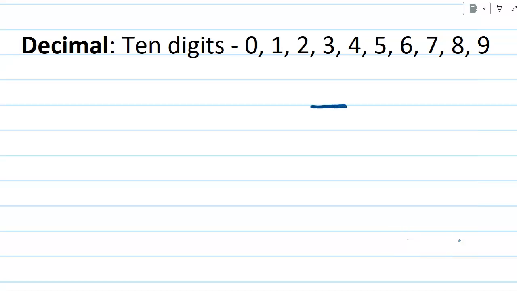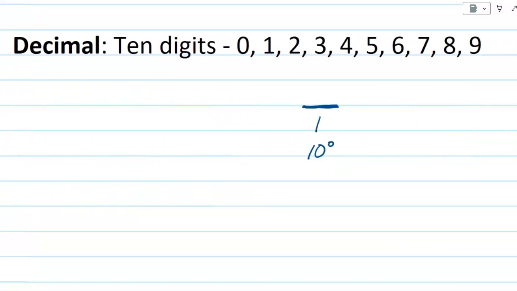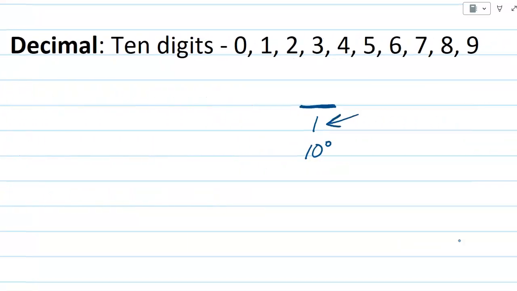Okay, like we were just saying, one space, one digit in our system means we're still in the ones place. But think about this. We're basing this on tens because there are 10 digits. So this is 10 to the 0 power, just like we started over here with binary with 2 to the 0 power, which is again equal to 1.